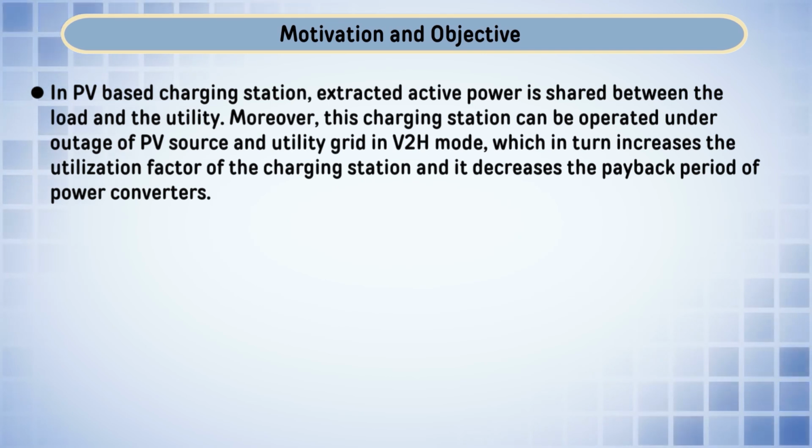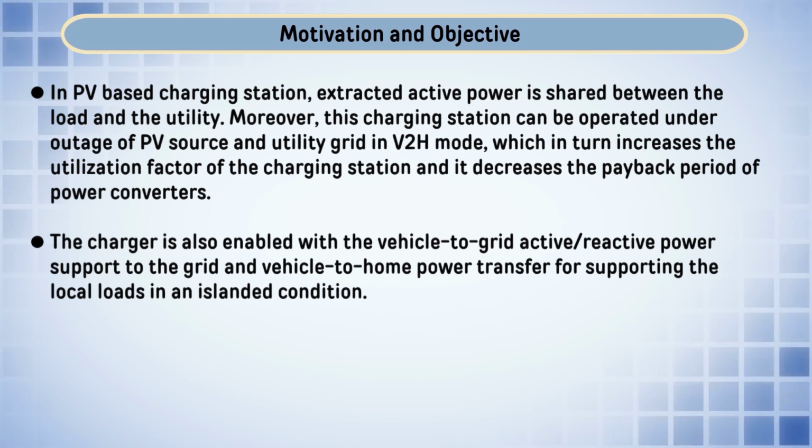Therefore, people are using various synchronization and islanding schemes to synchronize our charging station to the grid, and to island it from the grid. Whenever there is an outage from the grid, we have to disconnect our charging station.